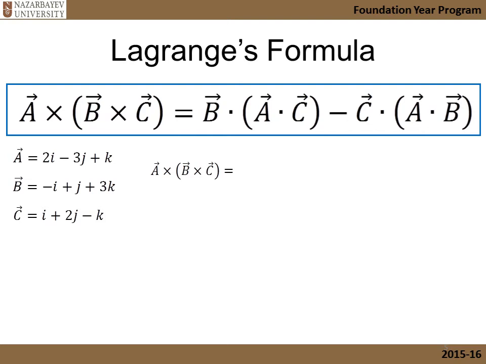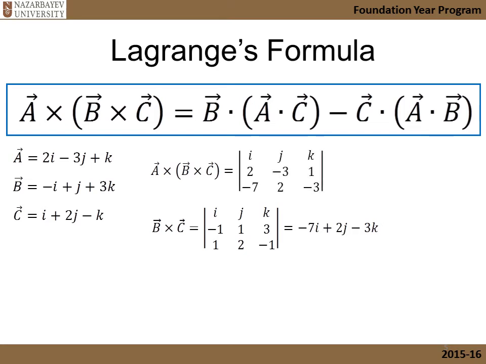We want to calculate the cross product of a and the cross product of b and c, and first let's calculate the cross product of b and c. This cross product equals this determinant i, j, k, minus 1, 1, 3, 1, 2, minus 1, which is equal to minus 7i plus 2j minus 3k.